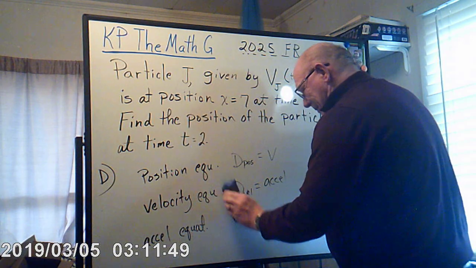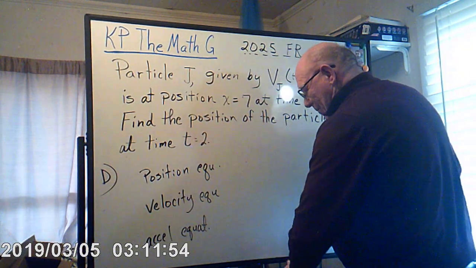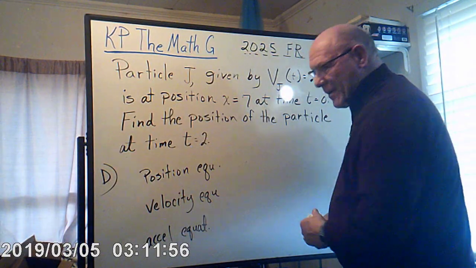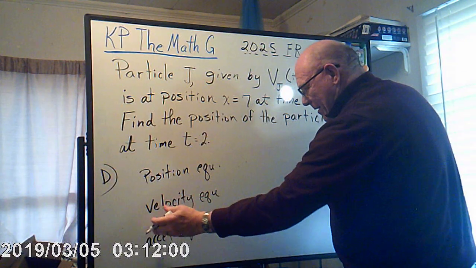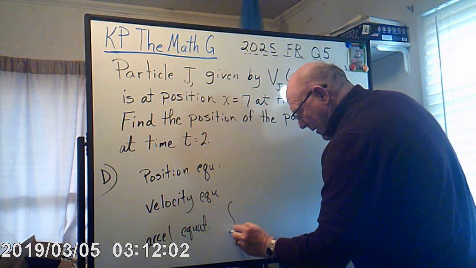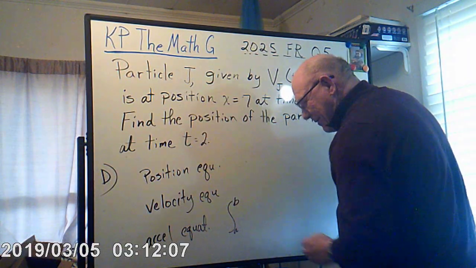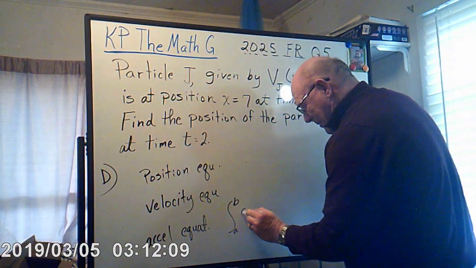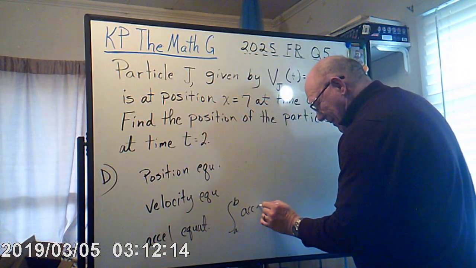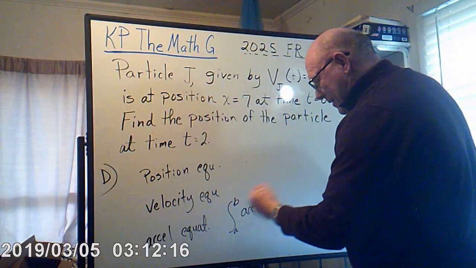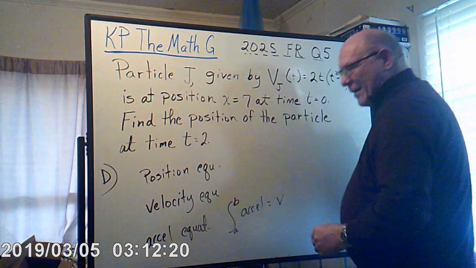However, let's erase this. If we want to work backwards, what do we do? In other words, if I'm here at acceleration and I integrate from a to b, we get velocity, don't we?